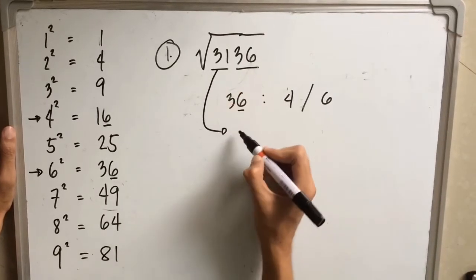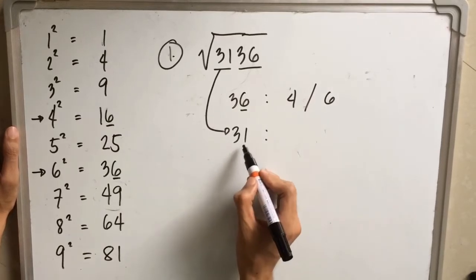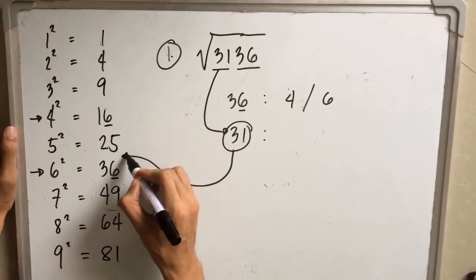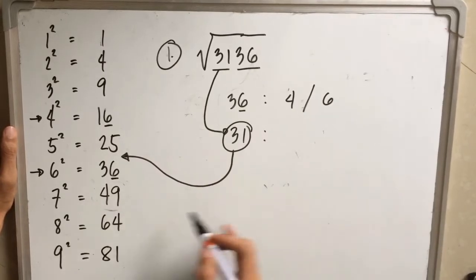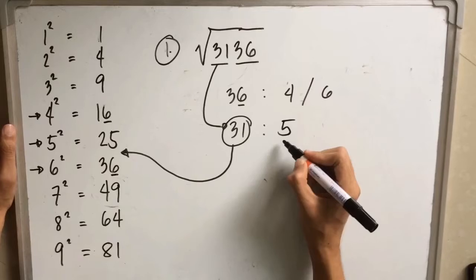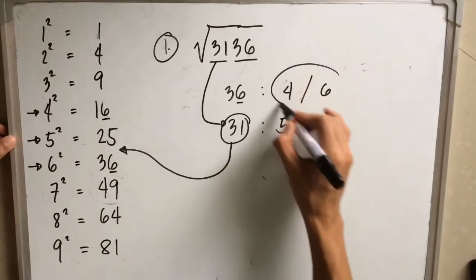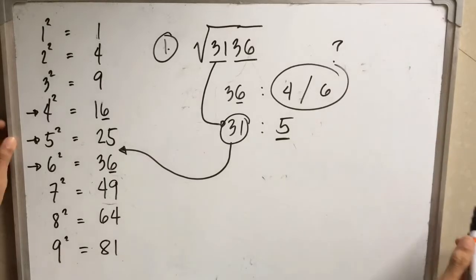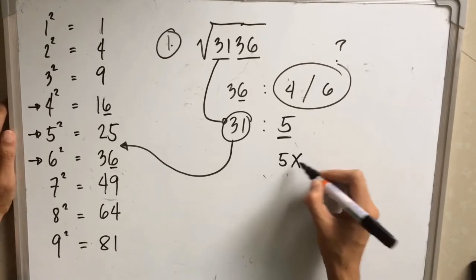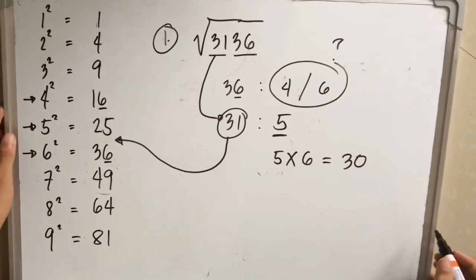So let's take 31. And we are going to find its location. 31 is basically between 25 and 36. So obviously it's 5 because 5 squared is 25, not exceeding 31. So now is the time to decide whether it's 4 or 6. How? We are going to take 5, then we are going to multiply 6 by 5 is equal to 30.